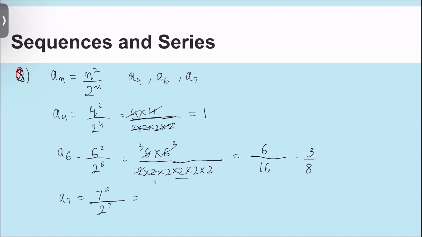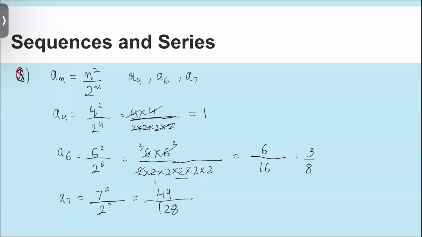So if you just write this as 49 divided by 2 raised to 7, that is upon 128. So this is your answer, 49 divided by 128. This is another way that you can write.